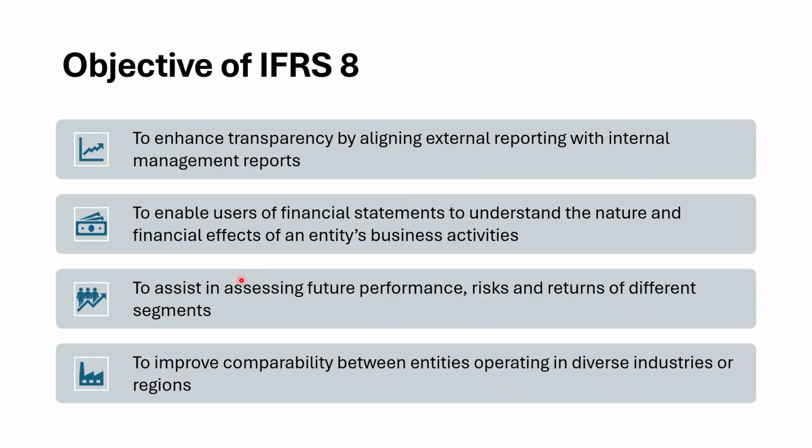By providing segment information, users can better understand performance, risks, and returns of different parts of the business. It also helps users assess the economic environment in which the entity operates. In simple terms, IFRS 8 helps answer questions like where does the company really make money and which parts of the business are growing or struggling.